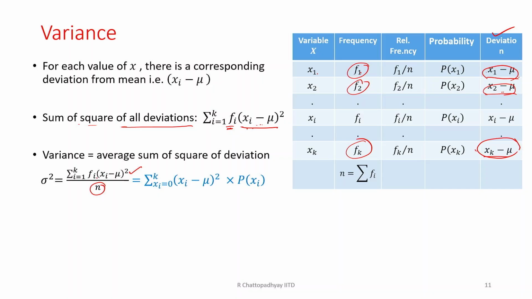So in the numerator it is sigma fi xi minus mu whole square, summed from i equal to 1 to k, and then to get the average we divide by the total number of frequency, which is small n, shown here. And if I do this, I can write the same thing in this manner, if I replace fi by n as pxi.